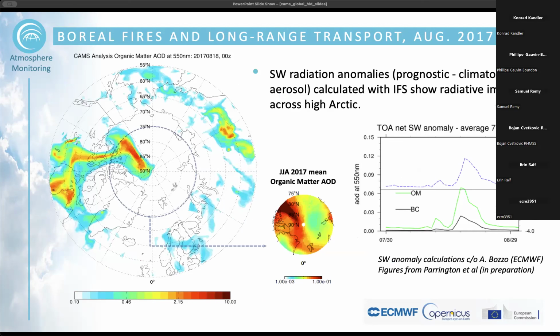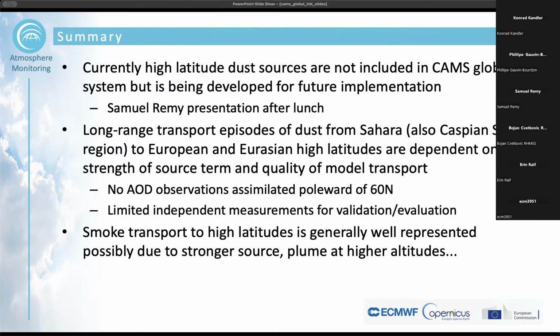Similarly to what I showed for 2015, these are the impacts on the shortwave radiation fluxes. So that's just a very quick tour of some aspects of looking at long-range transport of aerosols into the high latitudes from dust and from fire emissions.